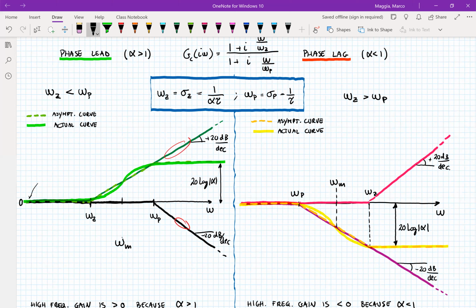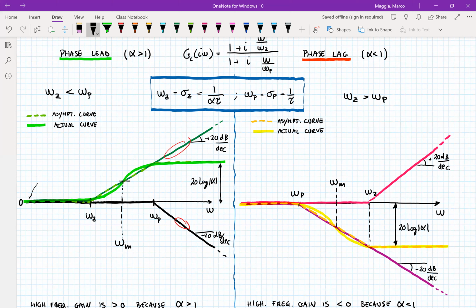Now you see that I draw the actual curve so that it intersects the asymptotic curve at one specific frequency, that is halfway between omega z and omega p. Well, it's not really halfway, because remember here, when we draw the Bode plot, the scale is logarithmic.